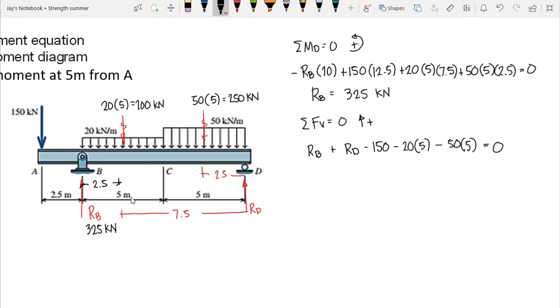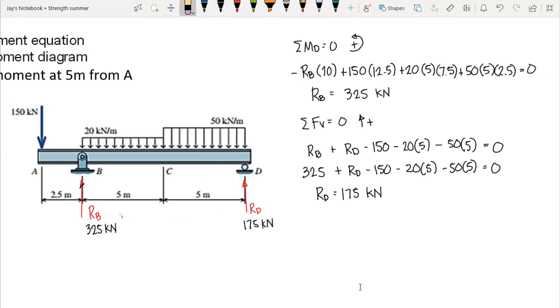Since we have computed already the value of RB, we have 325 as RB. So we copy everything, and we have our RD equal to 175 kilonewton. So we have now computed the reactions.